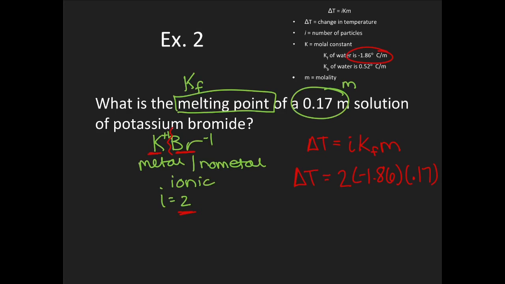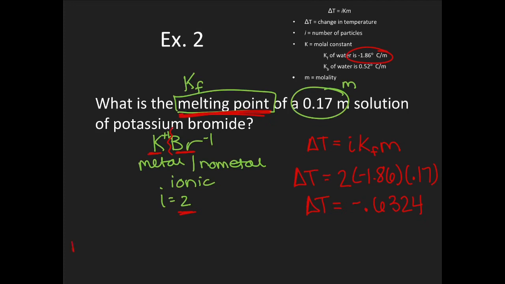All right, and when you multiply all of those together, you get a change in temperature of negative 0.6324. So that is how much my temperature changes, but I want the actual melting point.